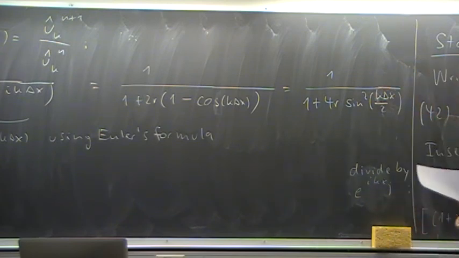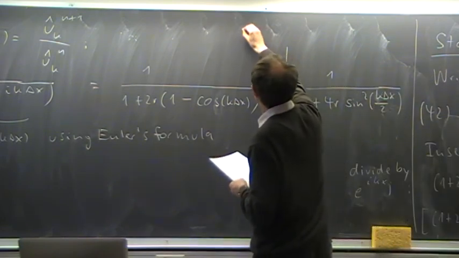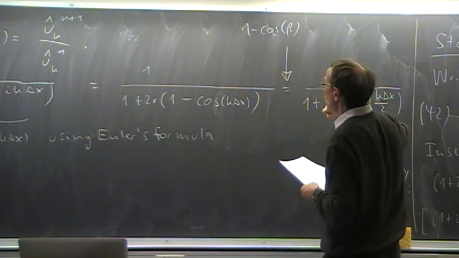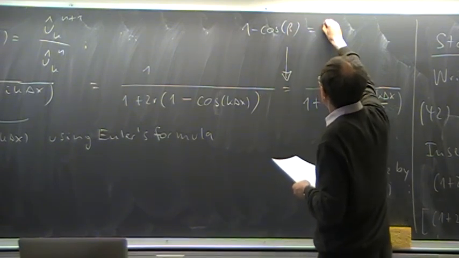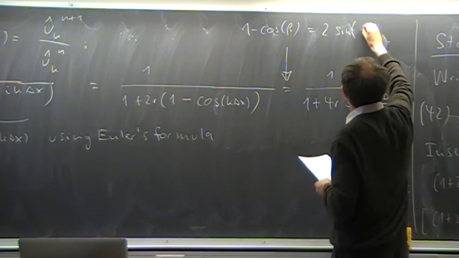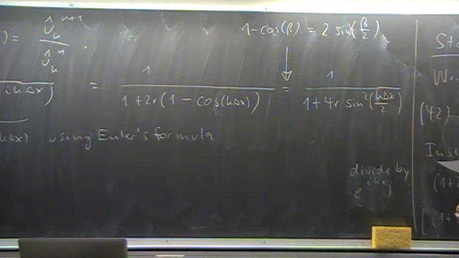So then we have it in this form, and that is what we shall use. Here we use the formula that 1 minus cosine of beta is equal to 2 sine squared of beta half.